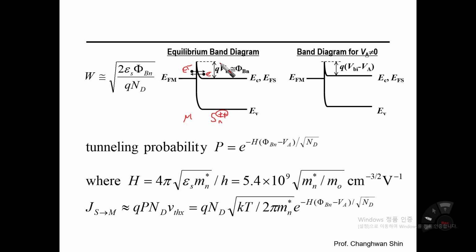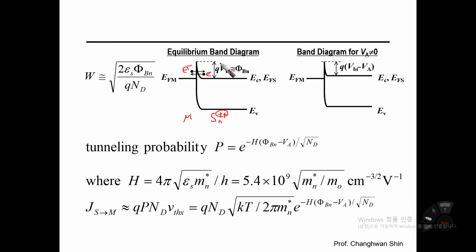Notice that there is H, named the Hamiltonian, which is closely associated with the effective mass. The heavier the effective mass is, the higher the Hamiltonian is, and it would negatively affect the tunneling probability.